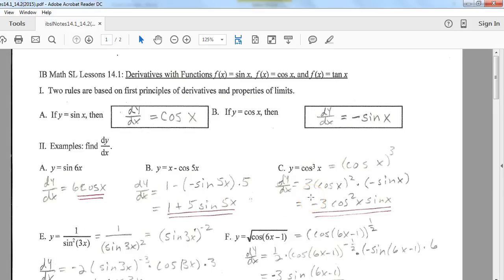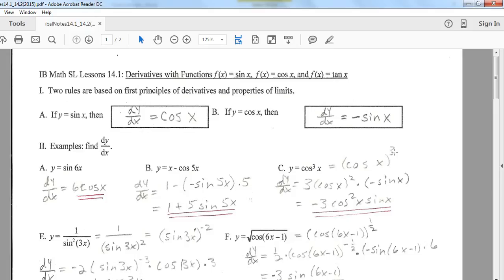As always, at any time, I'd encourage you to pause the video and try a couple before I go through them. When it comes to exponents, when you have the cosine cubed of x like you have here, one way to write that would be to just see it as the entire thing to the third power. That means the same thing.